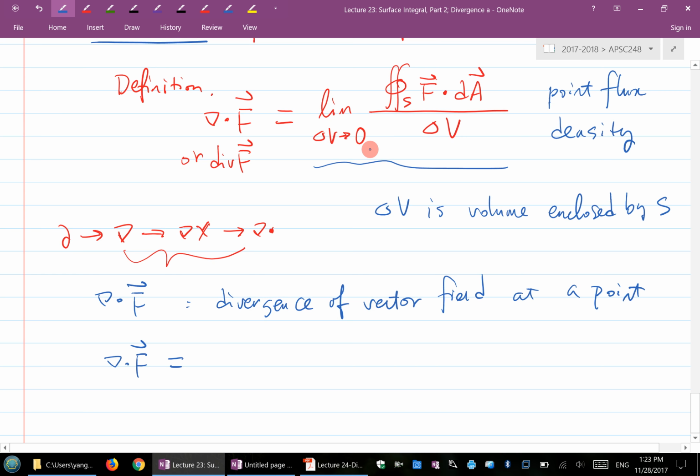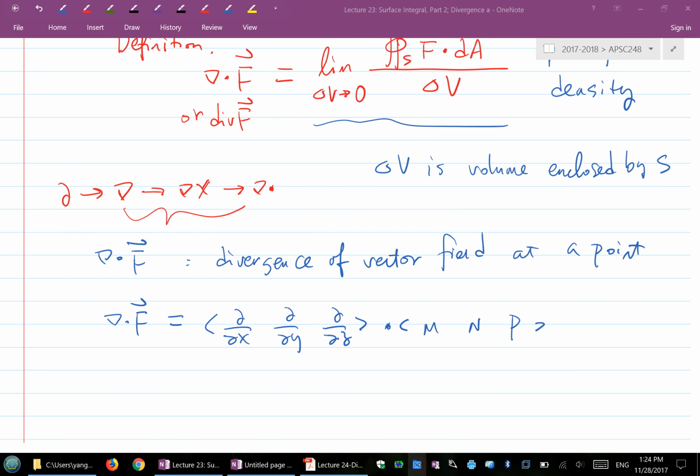I'm not going to prove it now, so I'll just write it down. It's partial M over partial x plus partial N over partial y. Maybe I'll write down one more step here. Del is a vector, partial, dotted with this vector function F, which is M, N and P in general.